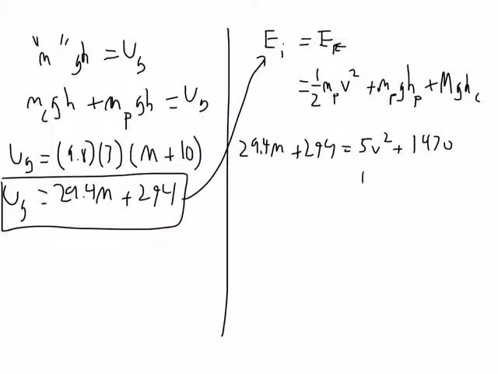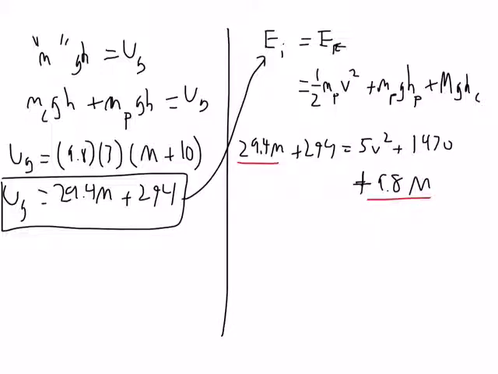Then if you add in, so I have to start a new line because I ran out of space. We have to add in capital M, and then G and HC, and that is just going to be 9.8 capital M. Right, because G is 9.8 and the height remaining is 1 meter above the ground. So we need to rearrange this to solve for V. So we can combine the terms that I'm going to put underlined in red.